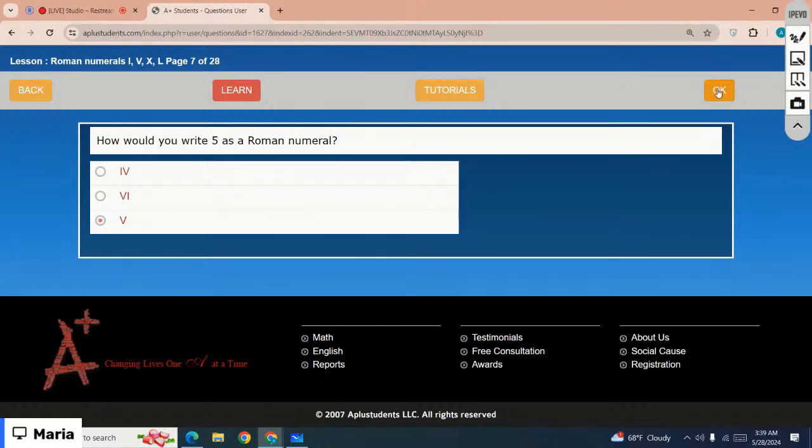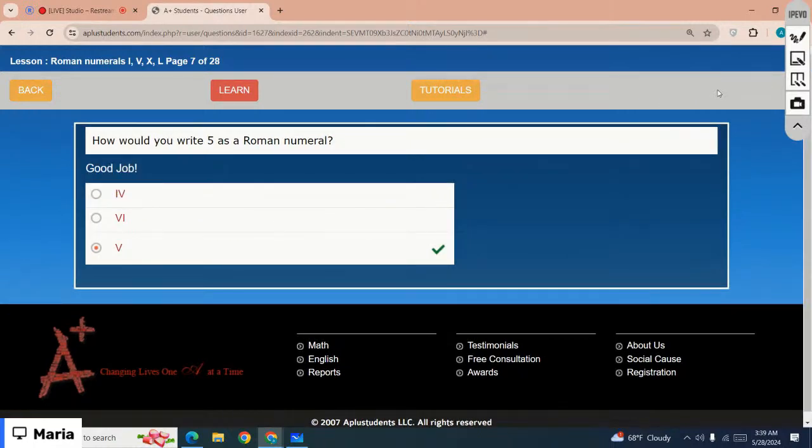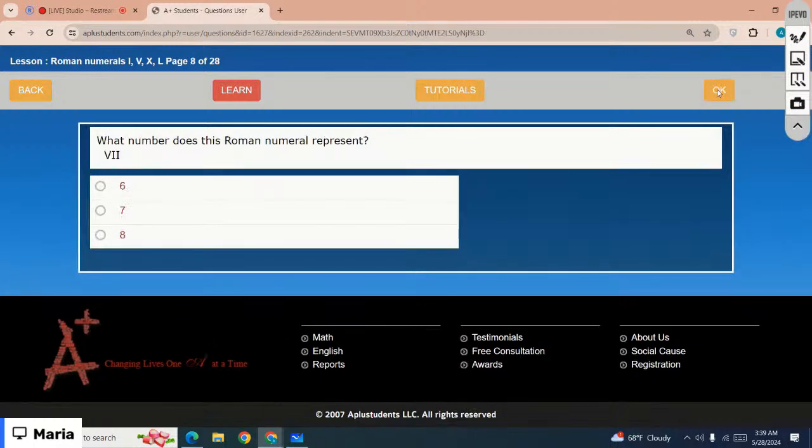That's how you write 5, right? Not 2. What number does this Roman numeral represent? Which is the correct option? 7 it is. The correct option is 7.